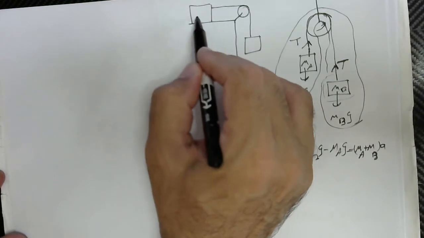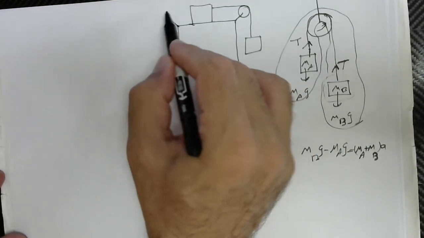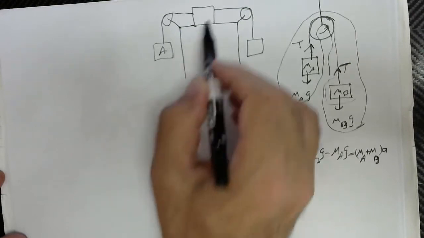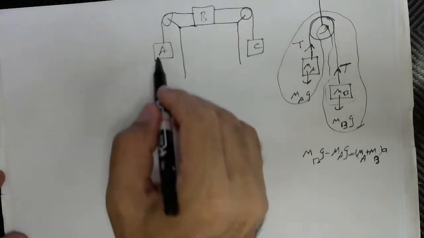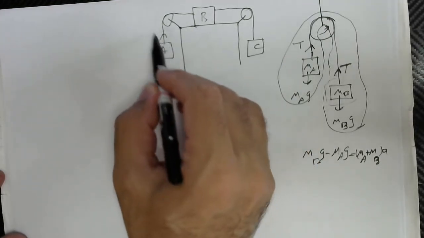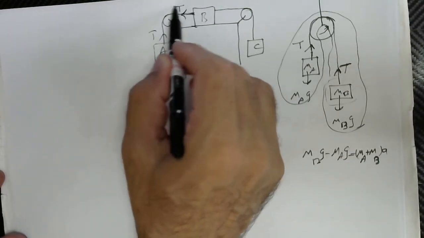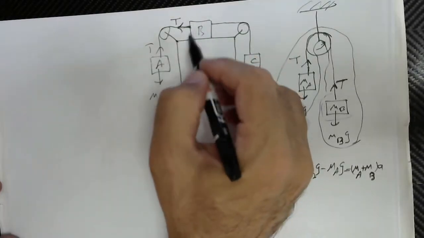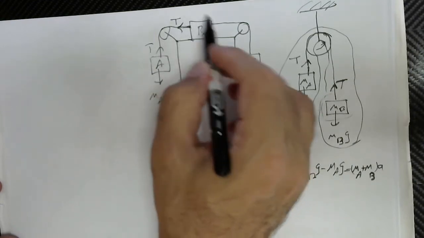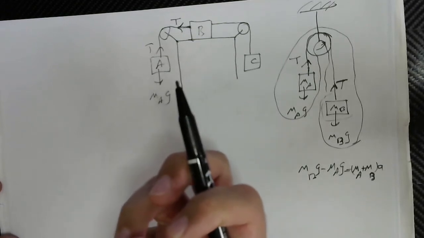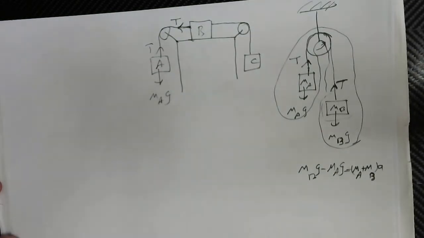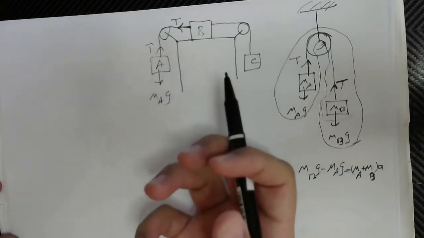Maybe I draw another one here, with A, B, C. You can see, for example, MAG, and then this is T, and then here the T acts on B. But because B has a mass, part of the force is used to change the inertia of B, because inertia is the property of the mass that doesn't want to change its position, doesn't want to follow the acceleration, unless you act with a force on it.